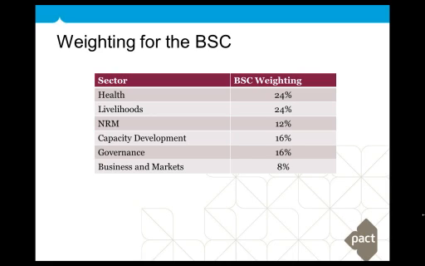Essentially what they were looking for was a compromise between an actual reflection of the sectors where PACT does the most work, and an aspirational attempt to even it out between the sectors. So that's why, even though 12% of PACT's work isn't natural resource management, it is still represented as 12% in the weighting. I don't think that they're 100% married to these weightings, but they are planning on using them again this year.